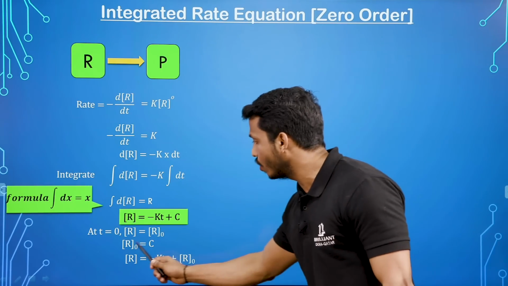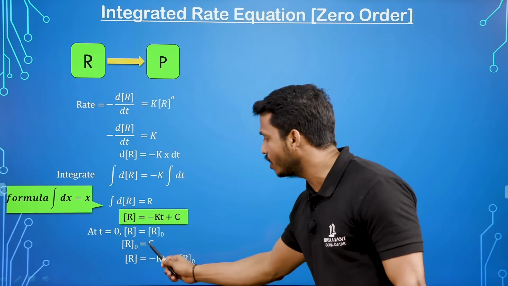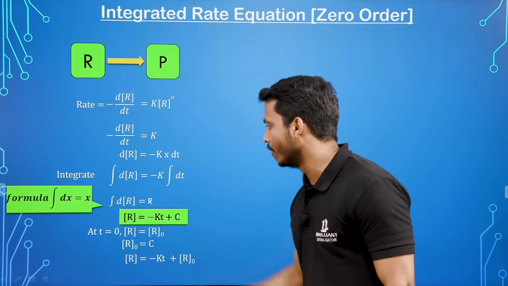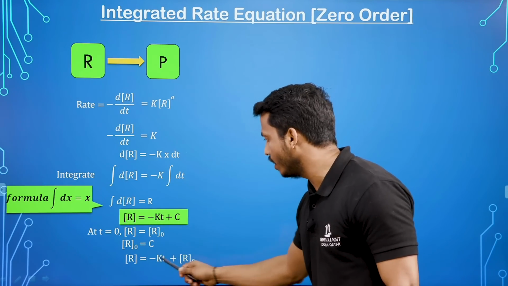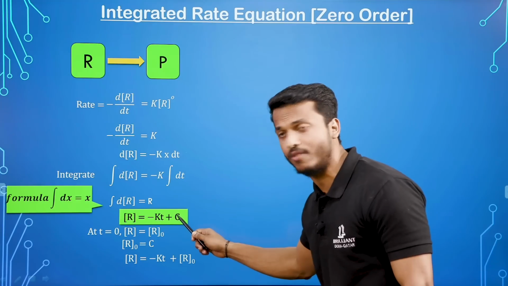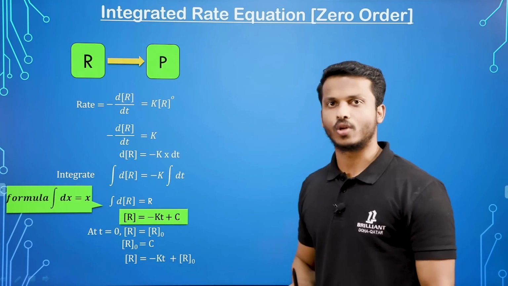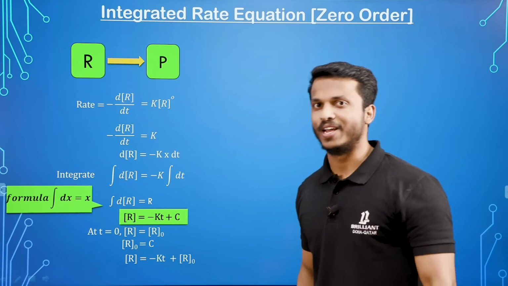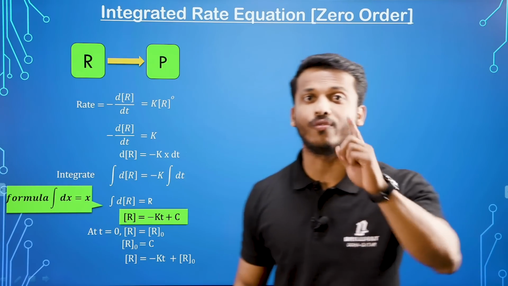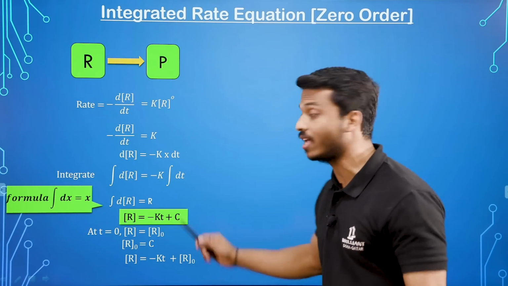That C is equal to R naught value we substituted in this equation. So R equal to minus KT, plus the value of C found here, R naught. So after getting C, we have to find the value of C. In order to calculate the value of integral constant C, we are taking two assumptions.